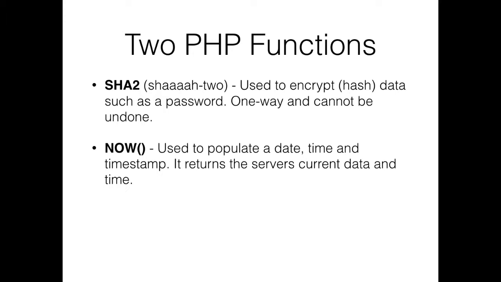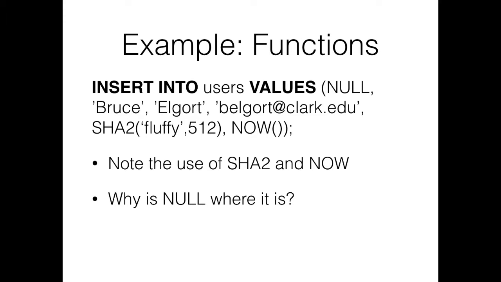We'll get into that, not so much this week, but probably next week. And now is used to populate a date and time in a timestamp column. Okay. Examples. Here's one. Insert into users values null, Bruce, Elgort, the email, SHA-2 of Fluffy encrypted at 512, and the function now.